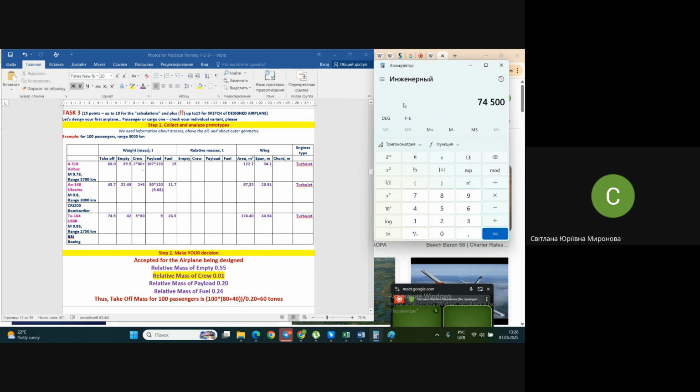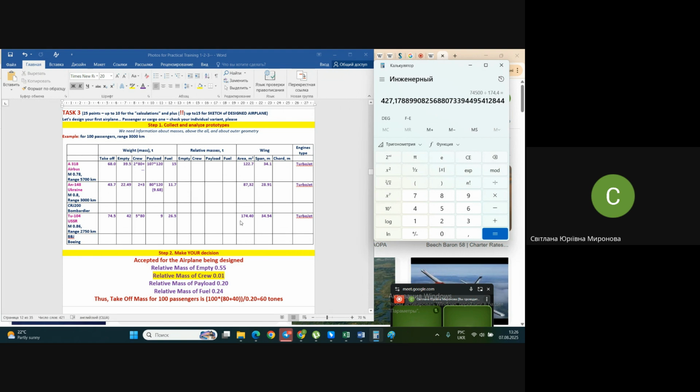74.5 in kilograms divided by the area of the wing. Much less compared to those two, which were 550 and 500. That one is almost 20% less.